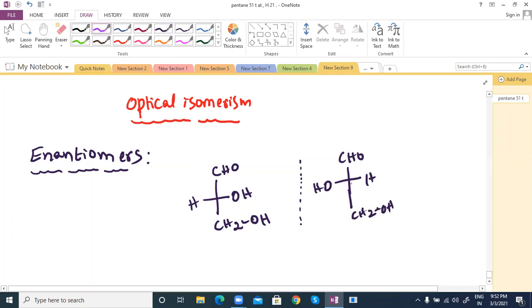If you keep this molecule as it is on the other, not inverting it, suppose A is here and A is here, you have to keep A on A, like that. Then H and OH are not matching each other. Here OH is on the right side and here H is on the right side.